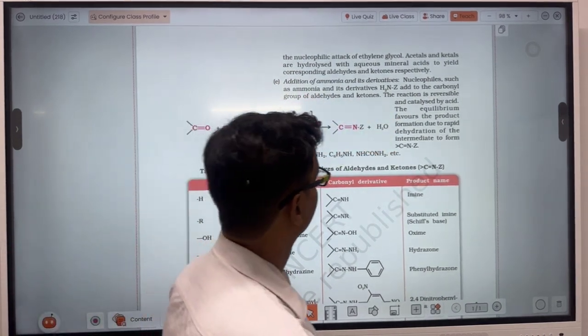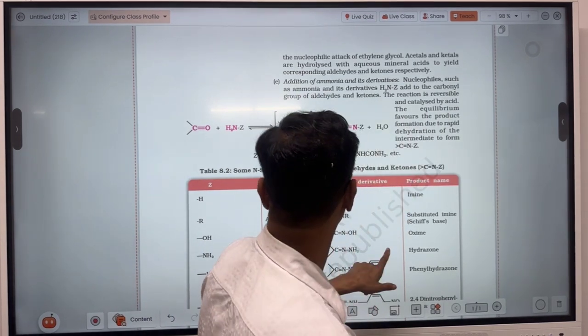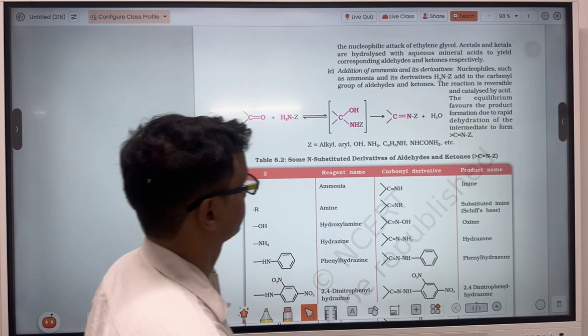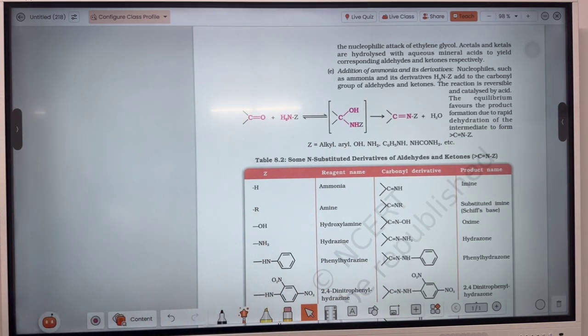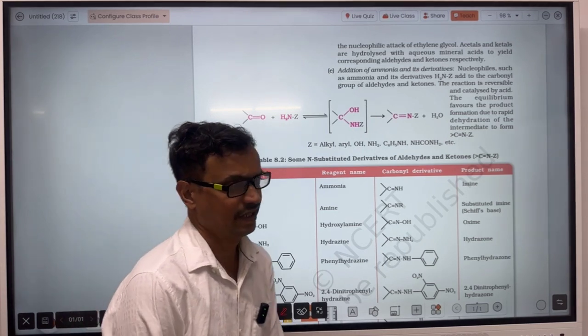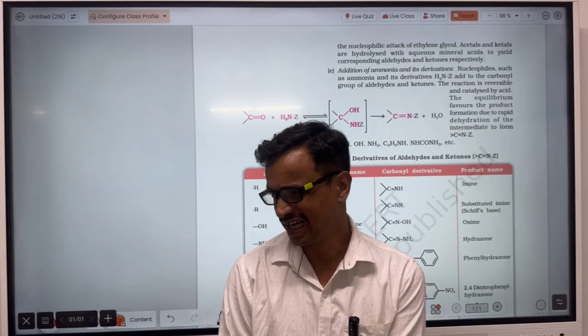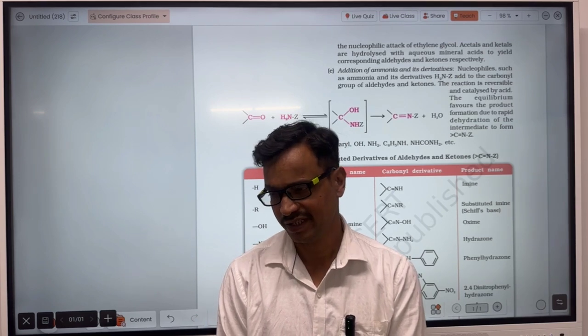The next point is the addition of ammonia and its derivatives. Let's see here. Firstly, we react the aldehyde and ketone. Same type of reaction will be there, so I am not writing separately.